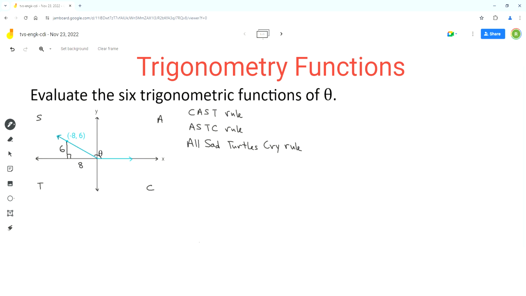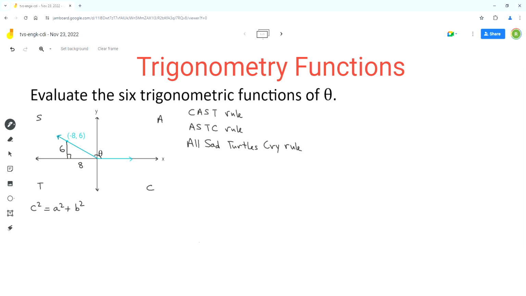Next, we should find the length of the hypotenuse and we can use Pythagorean theorem for it. So let's start by writing the Pythagorean theorem equation. In this equation, C represents the length of the hypotenuse, A and B are the lengths of the other two sides in the right angle triangle.